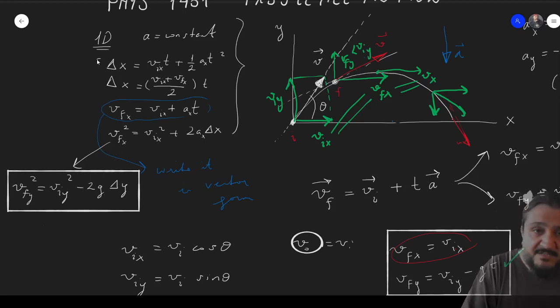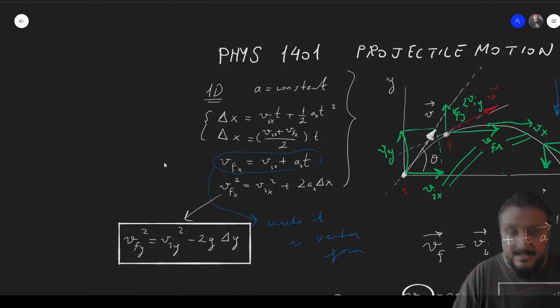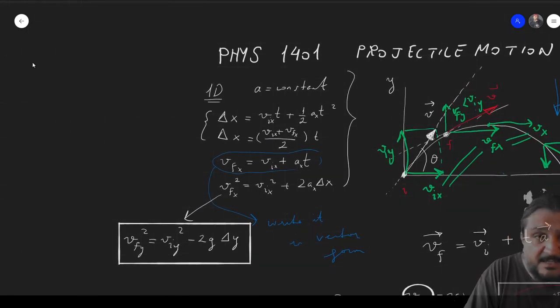Now let's go back to these for the first two. Now in the x direction, acceleration is 0. I'm only left with the first term. So delta x is equal to Vix times t.